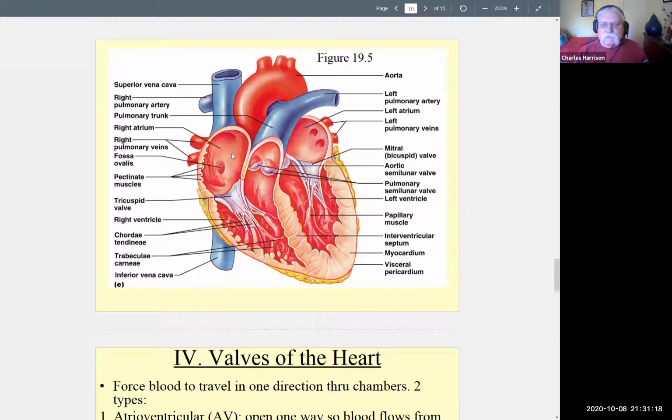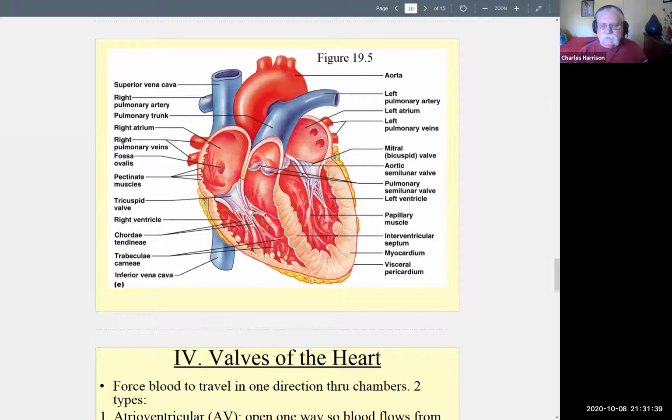Blood then passes from the right atrium through the valve, the tricuspid valve. It's got three cusps, three sides to it. Those are all attached to the ventricular wall by these cords.